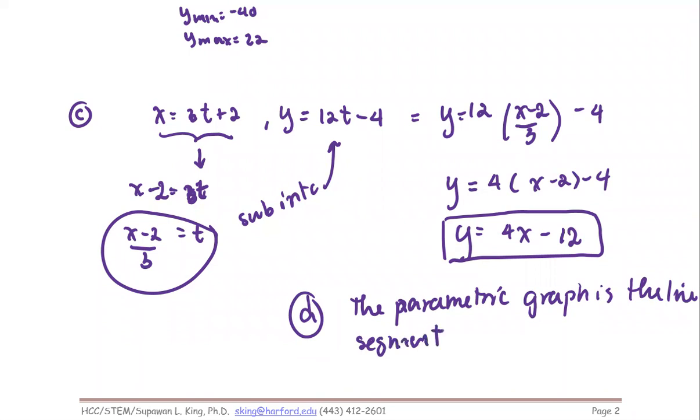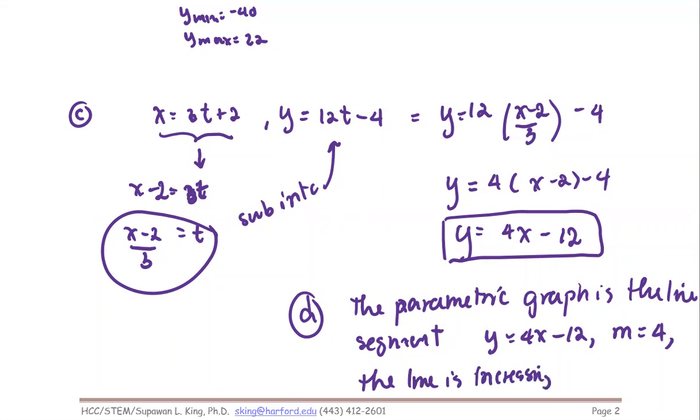It's the line segment with the equation y equals 4x minus 12, and the slope m is 4, and the line is increasing from left to right.